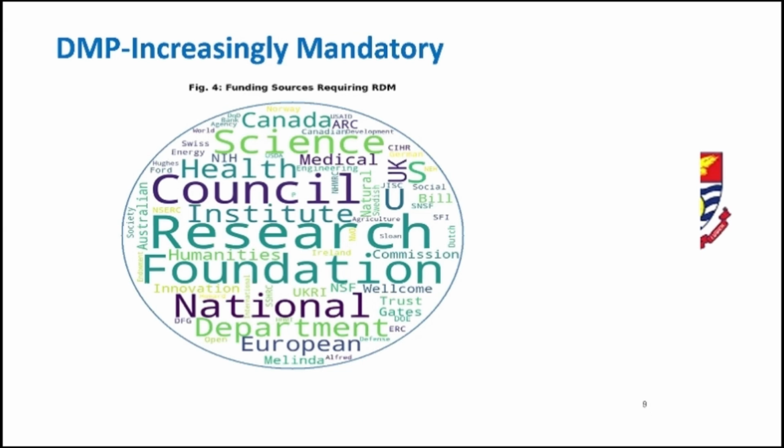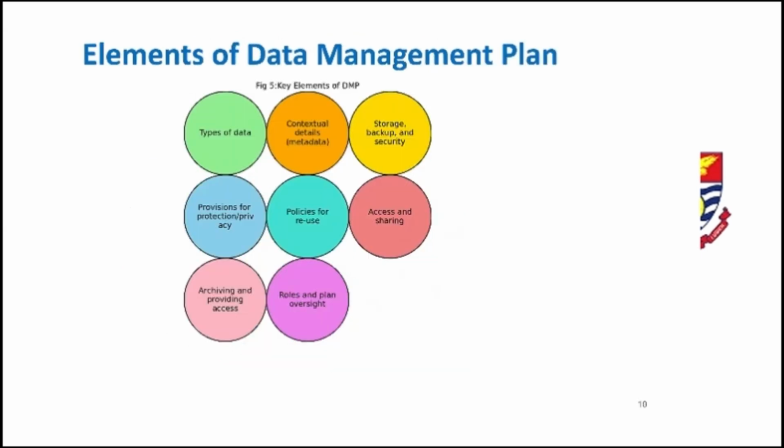All of them are into mandatory data management plan to process a grant application. Given this, what then are the elements of a data management plan? The elements are numerous and valid, but the key ones are reflected in figure 5.